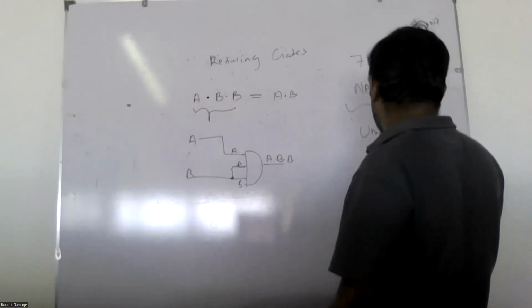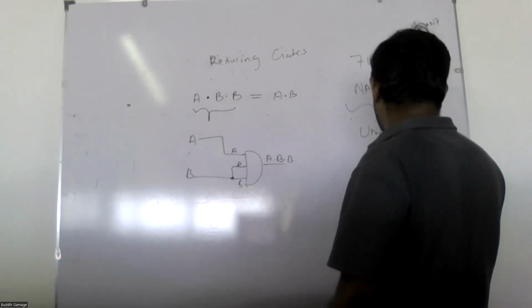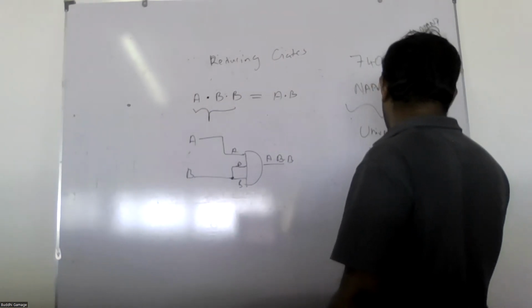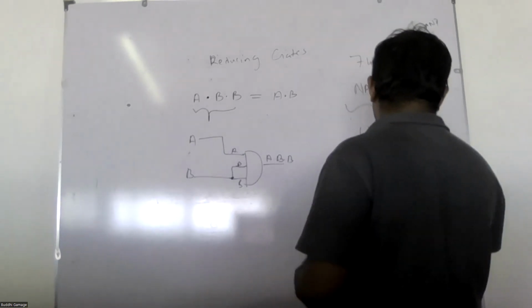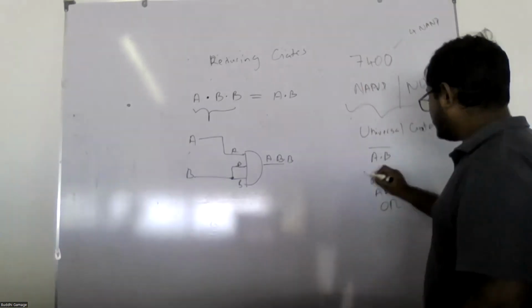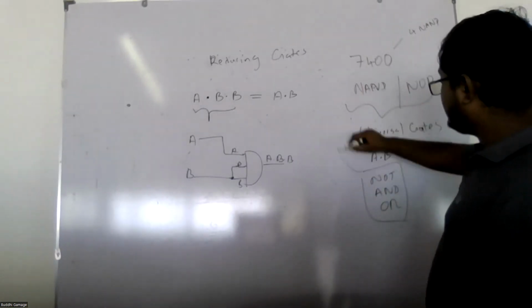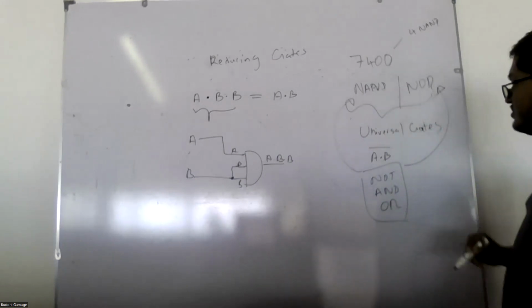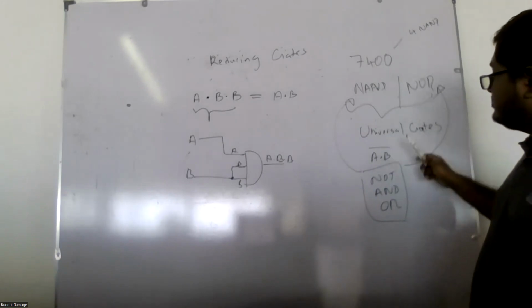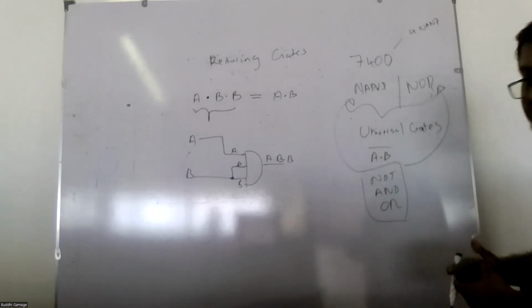We can even derive the NOT gate, AND gate, and OR gate. All three gates can be derived using only NAND gates or NOR gates. So that's why we call NAND and NOR gates universal gates.